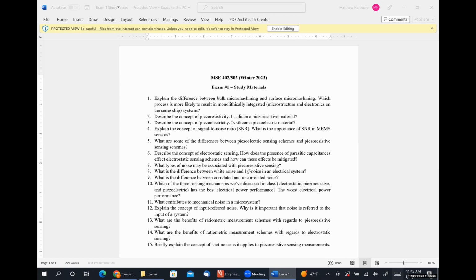I'm not looking for an essay on each one by any stretch of the imagination. I would argue a paragraph and maybe a picture if you feel it is appropriate to better explain things. For the numerical portion of your exam, you should expect something similar to the level of difficulty of the homework problems that I've given you guys.